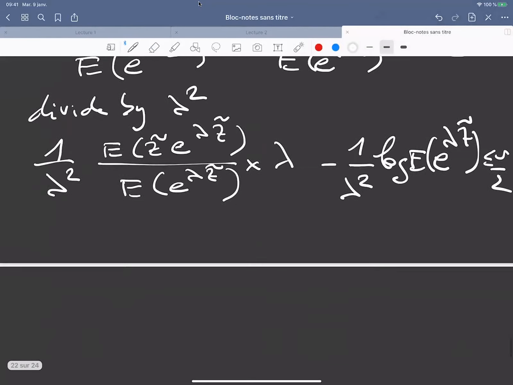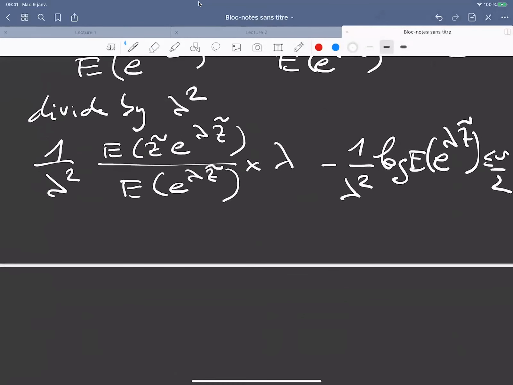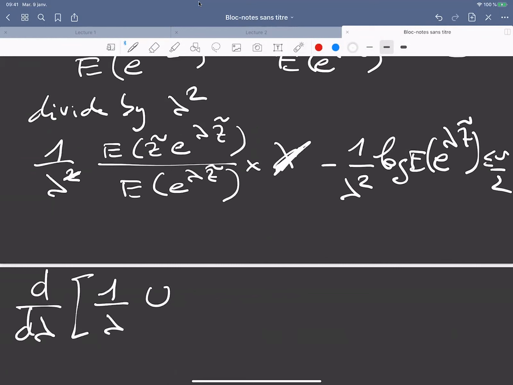But look at this quantity carefully. You have this square which disappears with this lambda here. And this shows that this quantity is nothing else than the derivative with respect to lambda of 1 over lambda times the log of the moment generating function of Z tilde. And this is less than V over 2.